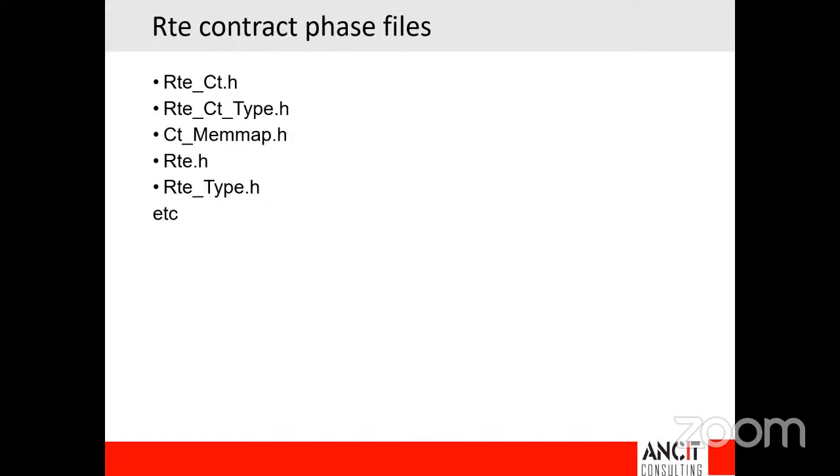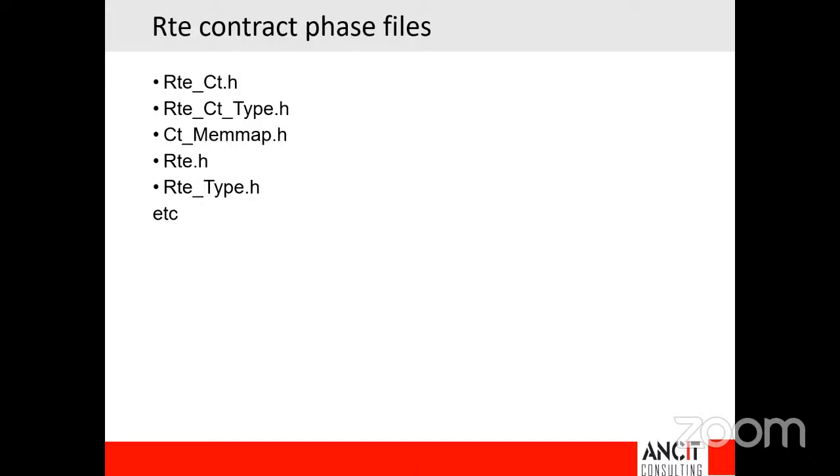Of course, you'll have the RTE.c file. Apart from the RTE.c file, the other .h files that will be generated along with it will be the RTE_Type.h file, the component type .h file, which will contain the types and data types and all those things. You'll have a memory .h file, and so many other files will also be generated along with your RTE.